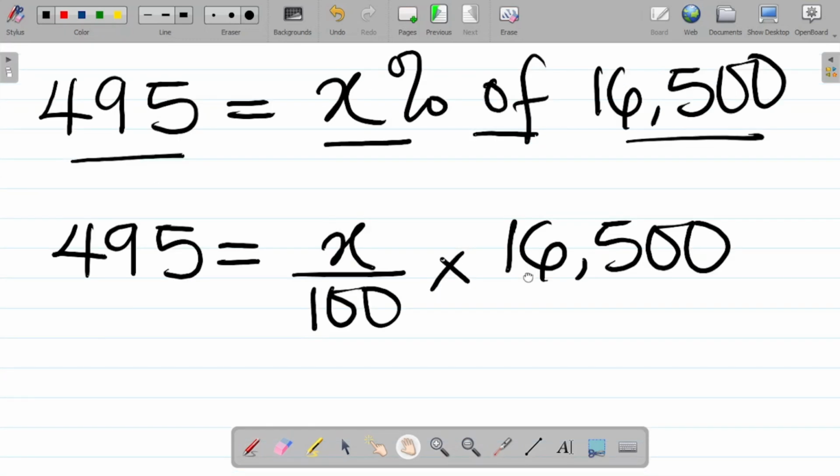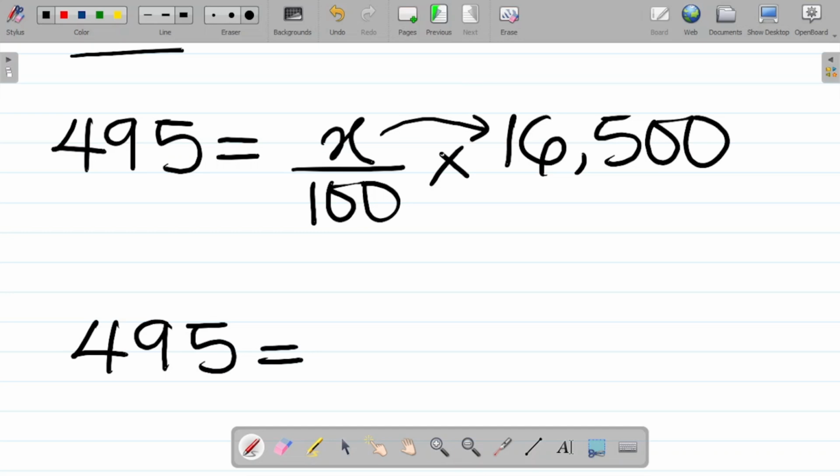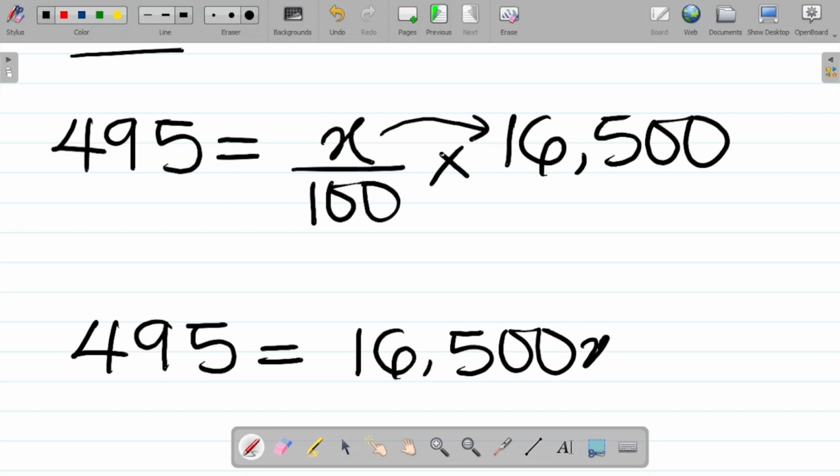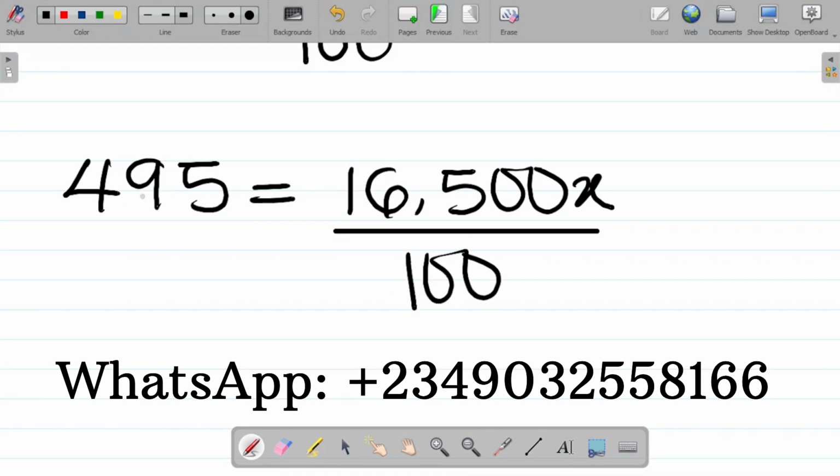Now, solving this, 495 would be equal to x multiplied by 16,500, so it becomes 16,500x all divided by 100. That's your denominator. At this point, we can cross multiply.